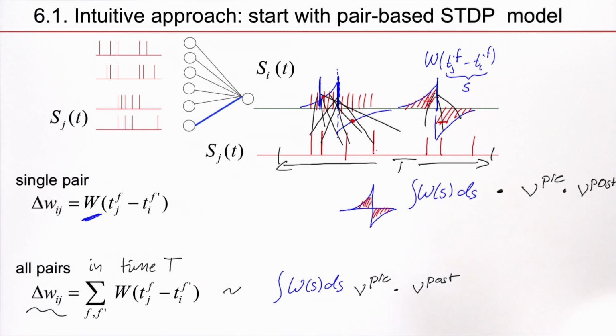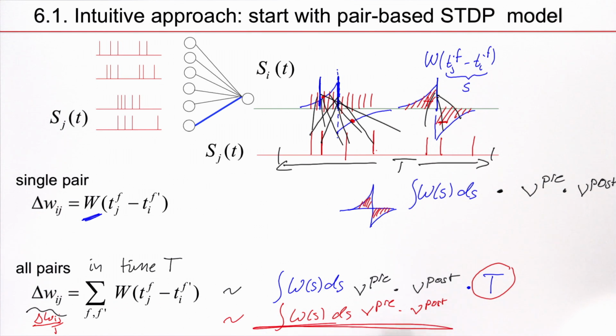And then if I increase T, then overall I will have more and more spikes, so there should be another factor, capital T. As a final step, what we can do is to consider the change per time interval T. So I can consider delta w_ij divided by big T, and then you see that the big T has moved from the right-hand side to the left-hand side, and I have just this expression here.